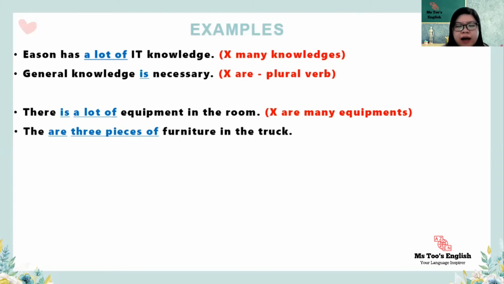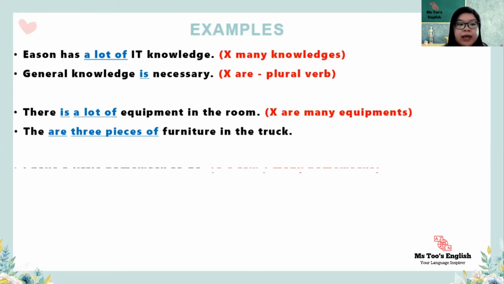Can I say furnitures? No. If you have two chairs and one table, you can say there are 3 pieces of furniture in the truck, for example. By giving the quantifier 3 pieces to the furniture, pieces can be counted. So there are 3 pieces of furniture in the truck.